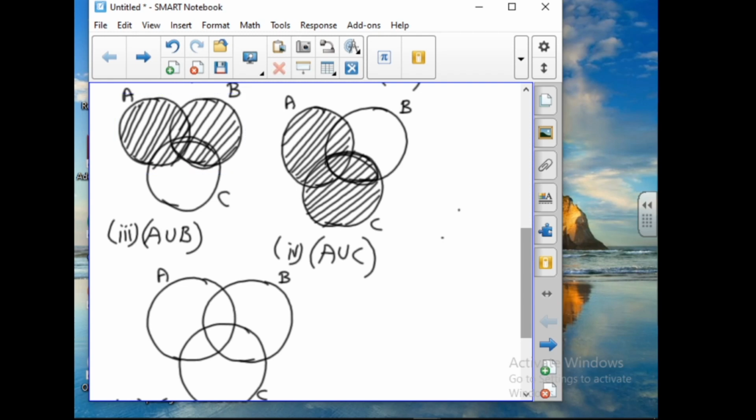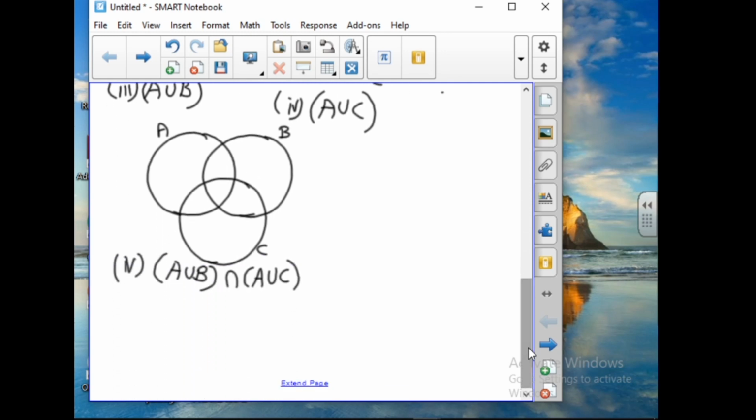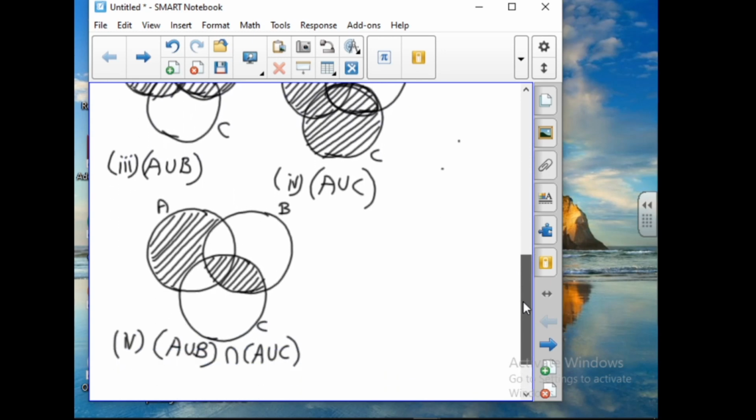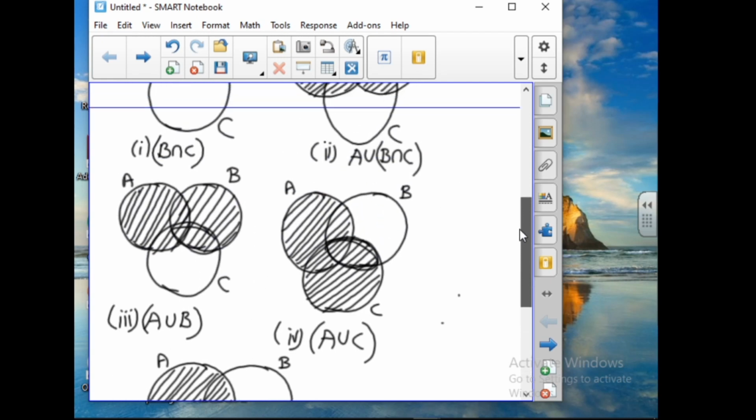Then in the A part also shaded. So you have to draw that A shaded region, A circle fully, and that intersection part. So this is your fifth diagram. See the second diagram and the fifth diagram.